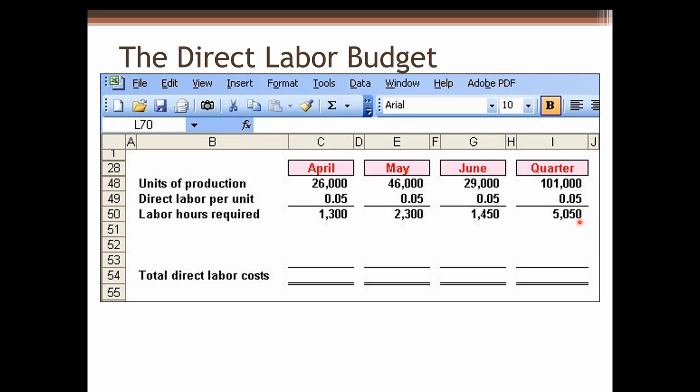5,050 hours. But this company has a no layoff policy, and the company should pay employees a minimum of 1,500 hours.